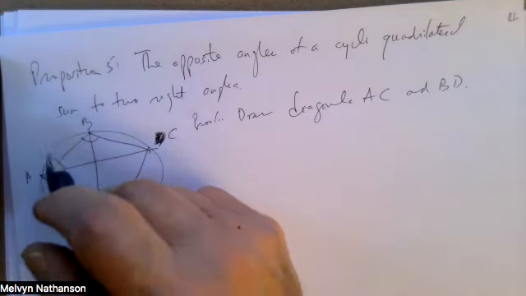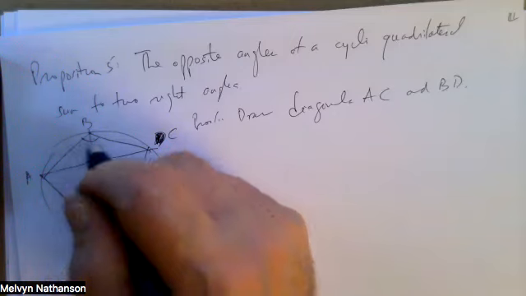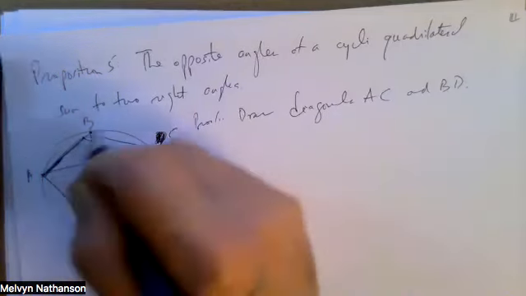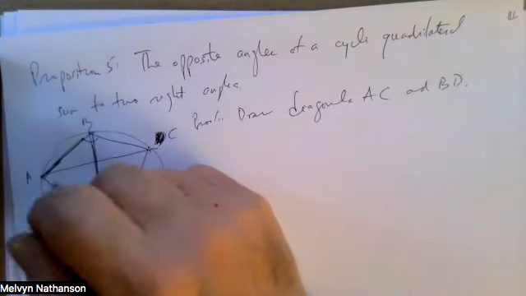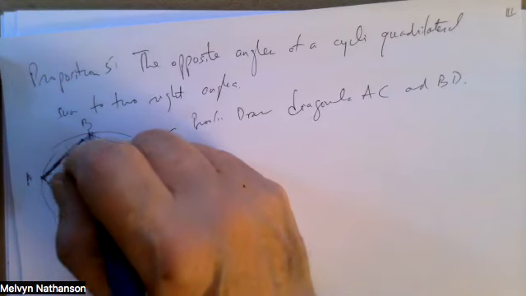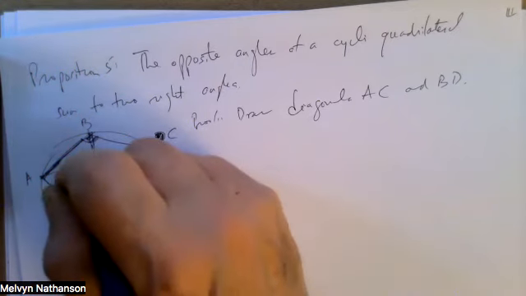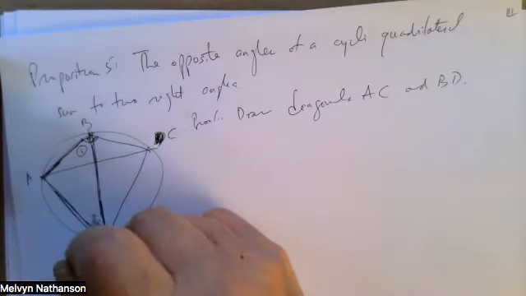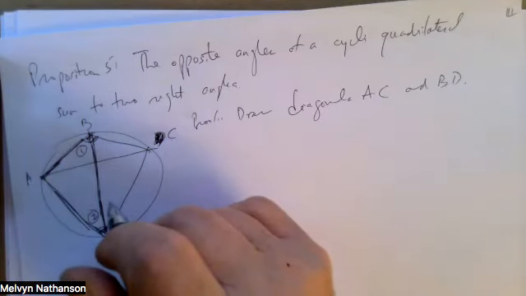So we have a triangle ABD. And let me call this angle 1 and this angle 2.